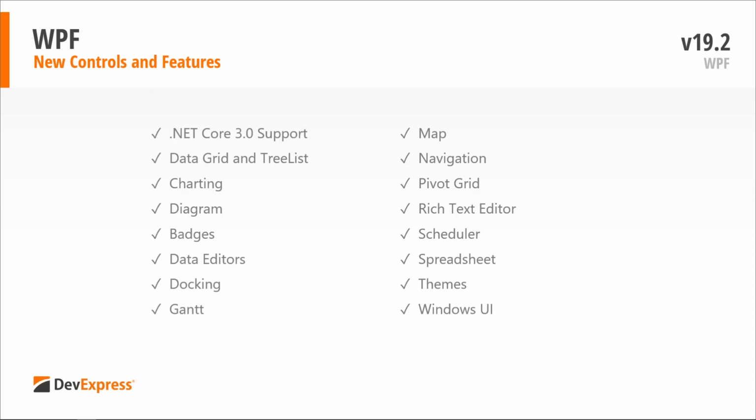And of course, I hope everybody listening in today already knows that we have released version 19.2. Our recommendation, Paul, is what? Download and use it in your new projects. Yes, you can try converting your legacy projects that use WPF controls to use .NET Core 3.0.